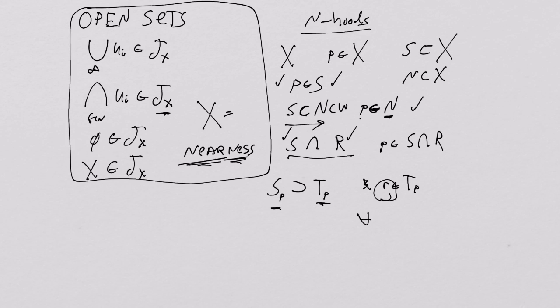For every r that's an element of T, S contains, say, W_r, where W_r is a neighborhood of r.